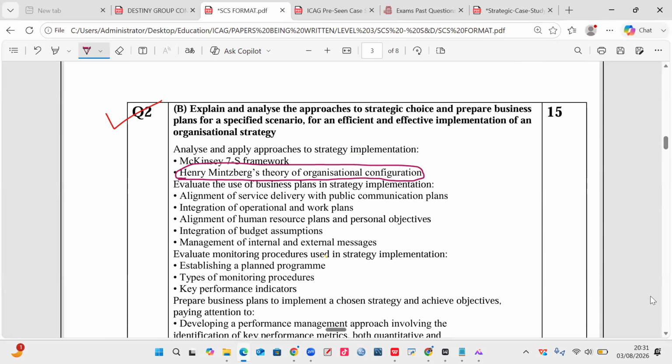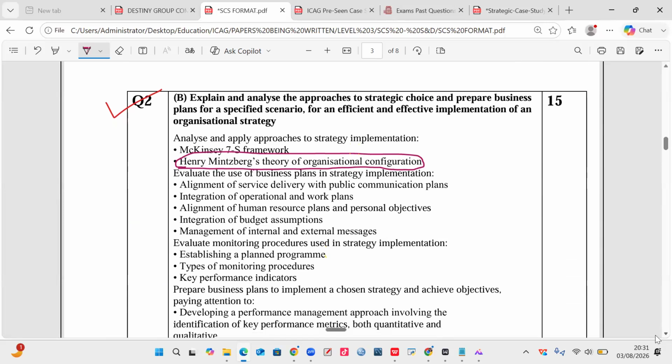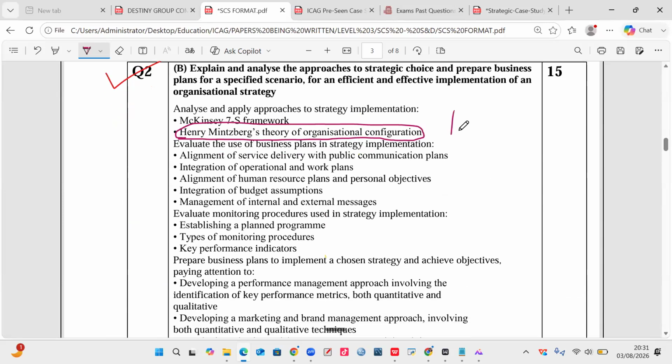So if I take you on some of the courses for us to study together, we'll be learning acronyms. I use a lot of acronyms to study. So Henry Mintzberg's theory of organization, the acronym I know is SMOKE test. This is the acronym I remember, SMOKE test.